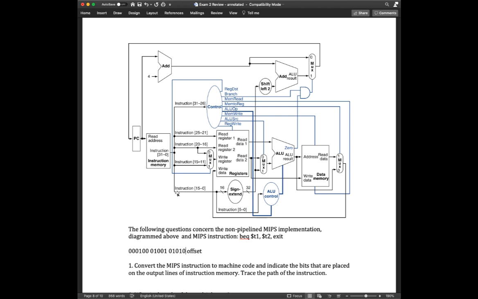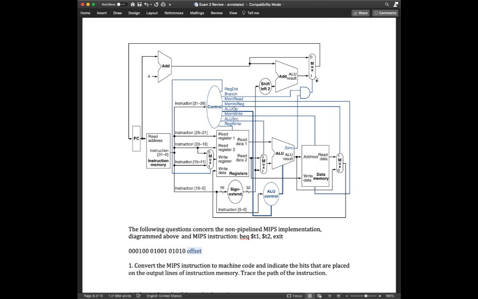We take that offset, which in this case we don't know exactly what it is, but we know that it's 16 bits. It's going to get sign extended, go way up here, get shifted left 2. The reason it gets shifted left 2 is we want it on a word boundary. Basically, the offset is in words, and we want actual addresses. And that gets added to the current value of the PC, which has already been updated by 4.